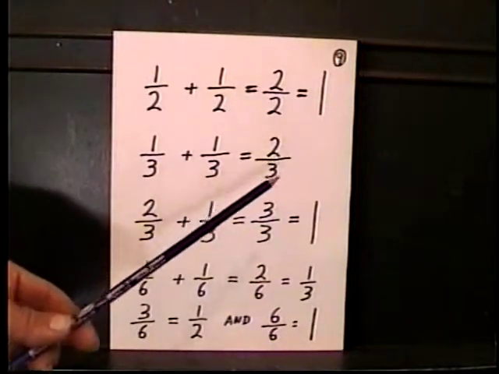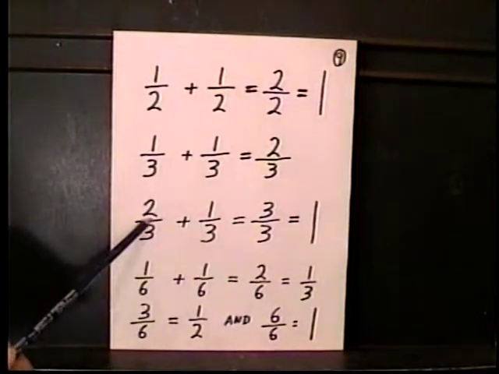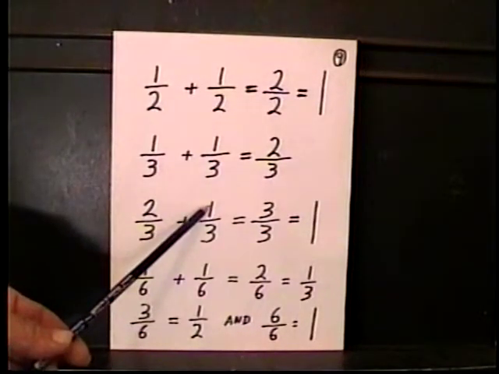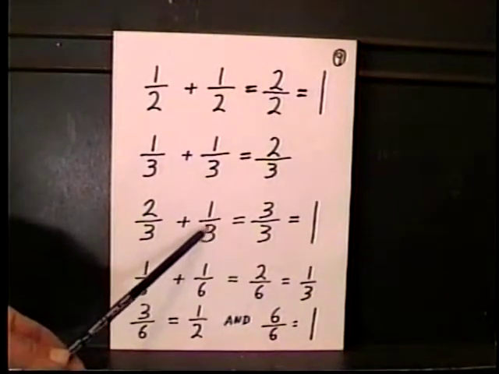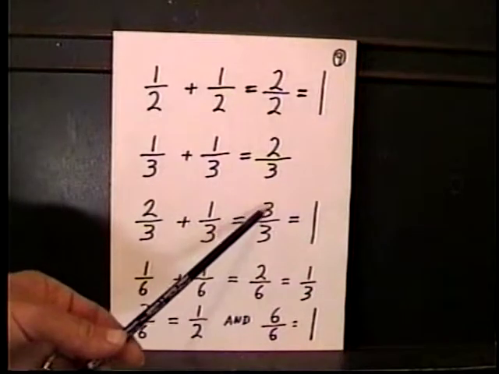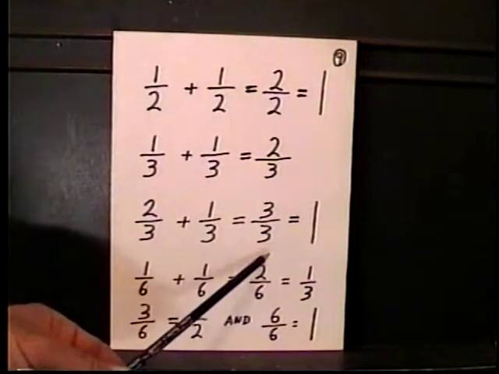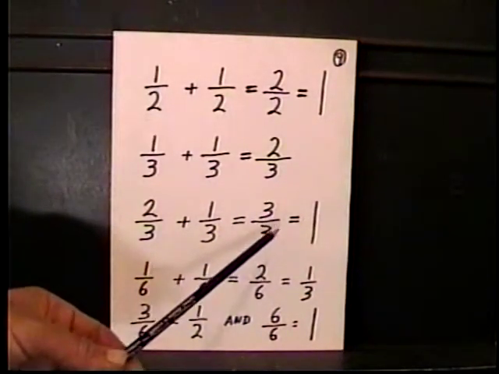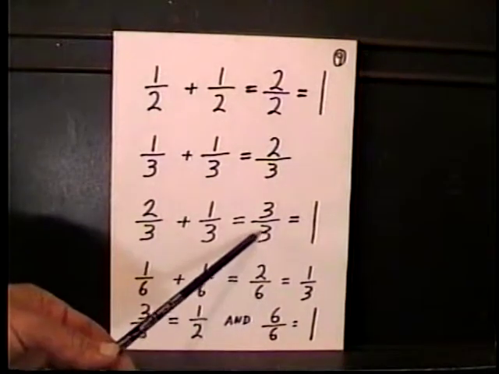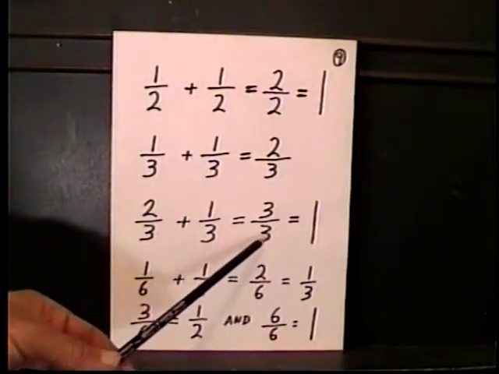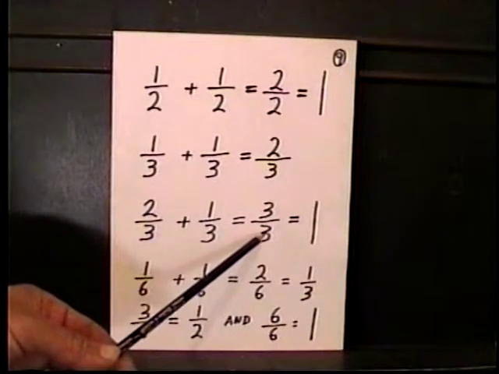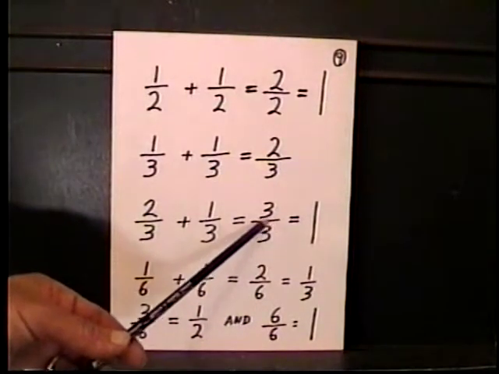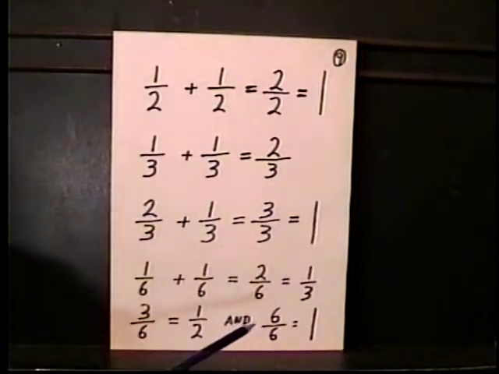Well, if we had to get the other piece, 2 thirds plus the other piece, which is the other third, would equal 3 thirds. We would have all 3 pieces. All of them are the same size. It's something that's been cut up into 3 equal pieces, just like we did. Well, 3 divided by 3 equals 1.